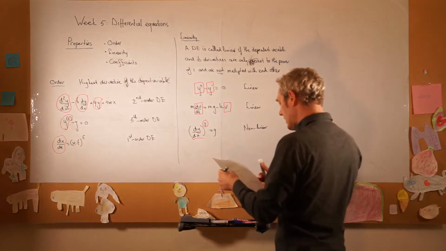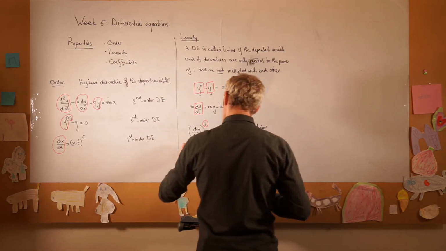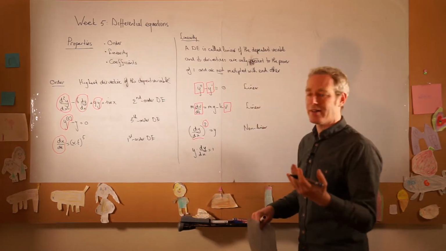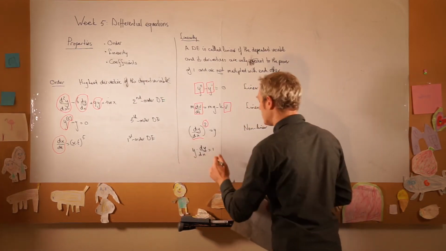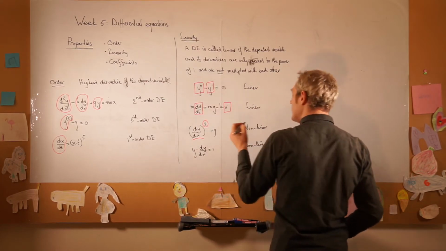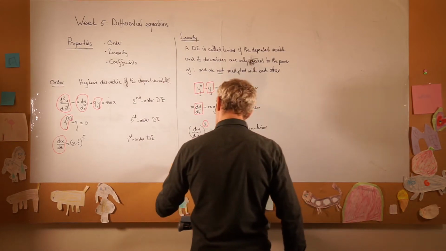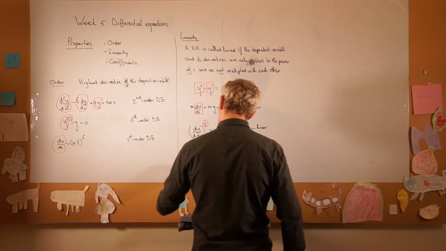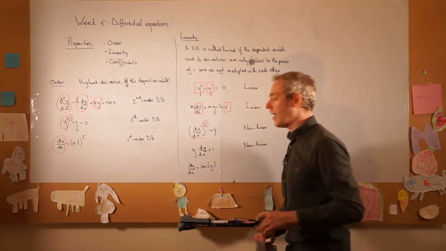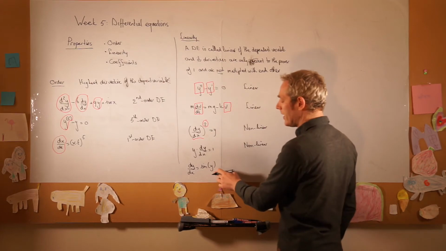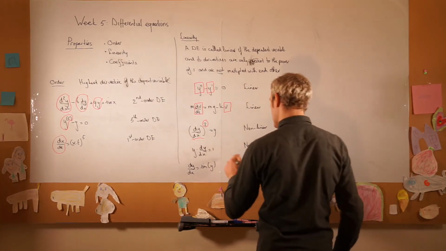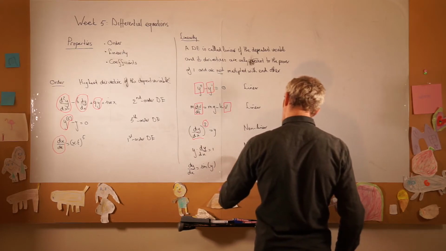And another one, if we have y times dy dx is equal to 1, well, they're here to the power of 1, but they're multiplied, so this one is also non-linear. And we can, of course, have something like dy dx is the sine function of y, and then y is not there to the power of 1. It is a non-linear function, sine, so this one is also non-linear.